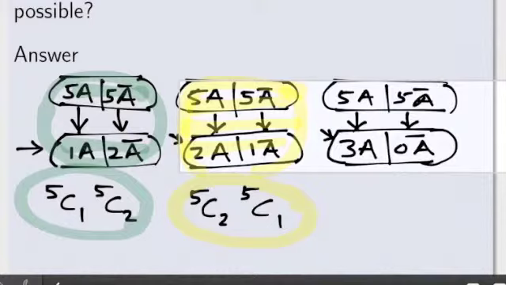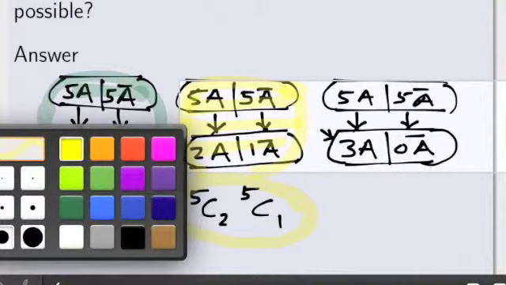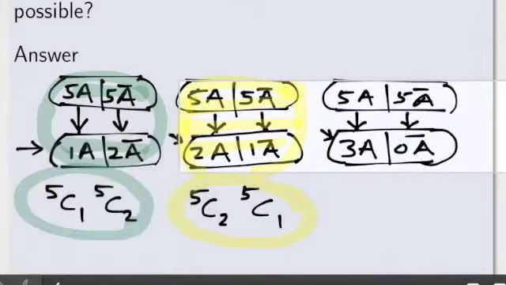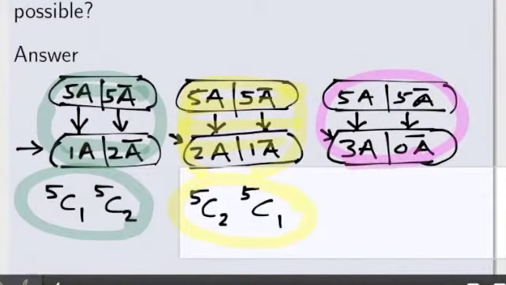And the third scenario where we have 3 Australians in a subgroup and no non-Australians, which is this scenario, the number of combinations can be computed. We need to choose 3 Australians from a pool of 5, so it's 5 choose 3, and 0 non-Australians from a pool of 5, so it's 5 C 0.